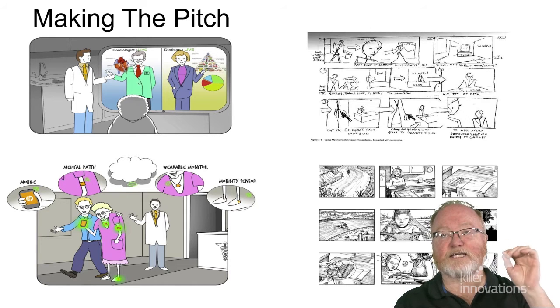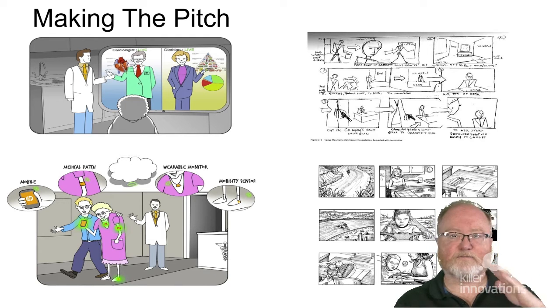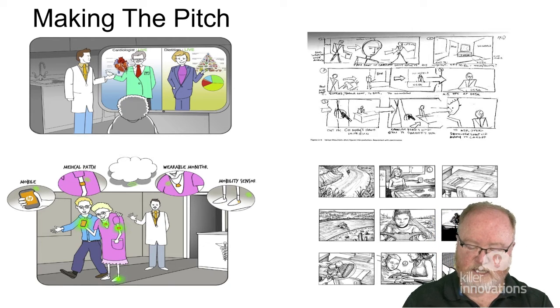What does that look like in such a way that they can see themselves or someone in their family benefiting from your idea? That is strategic storytelling. And I did a whole episode many years ago around strategic storytelling. So you want to go check that out.